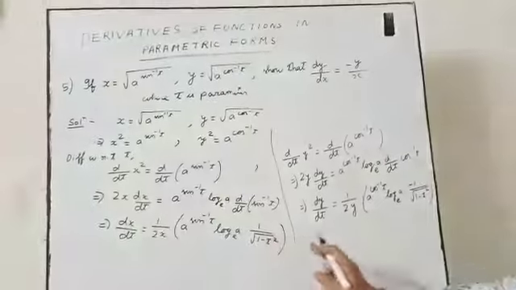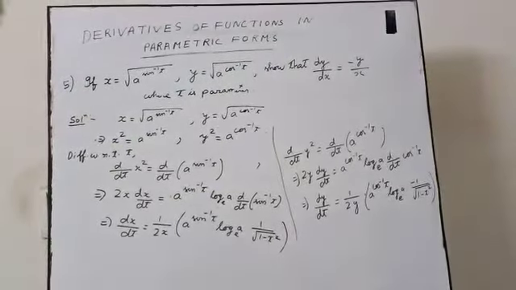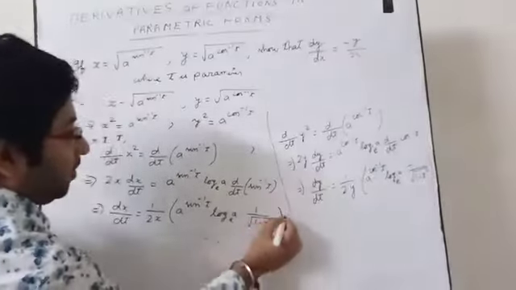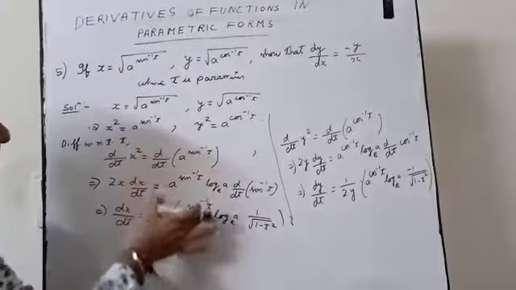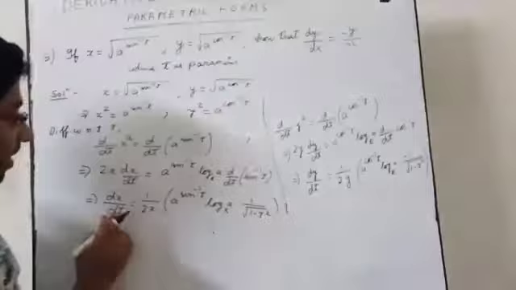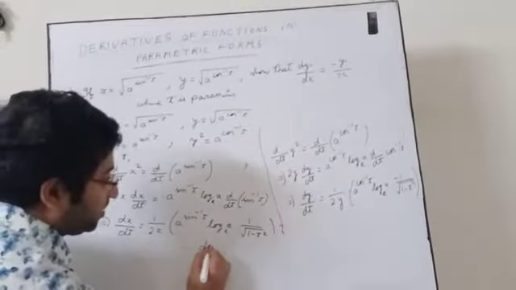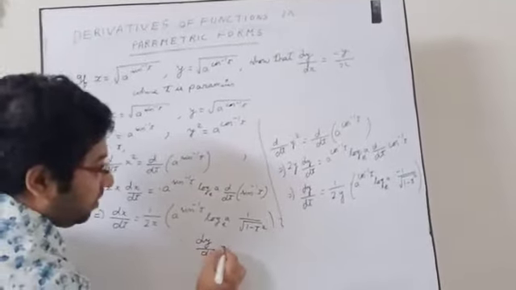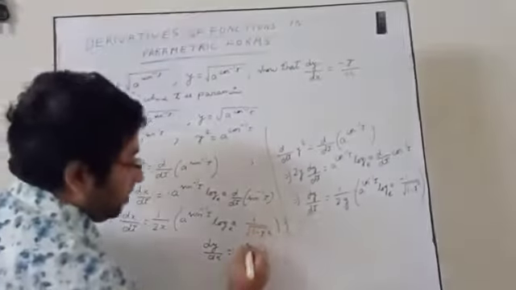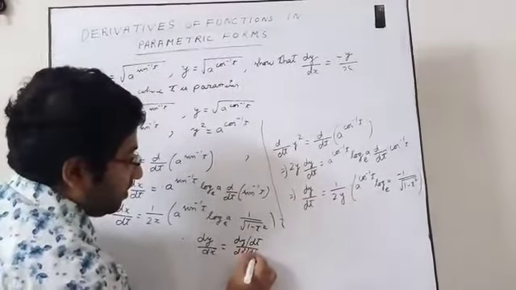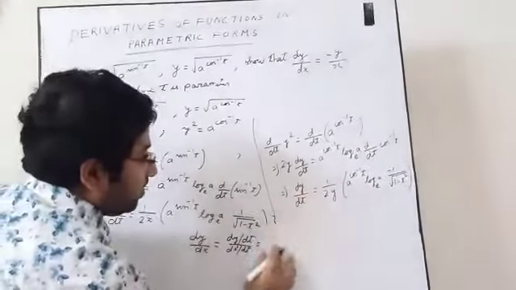So you have got dx by dt, you have got dy by dt. Then what is dy by dx? dy by dx is dy by dt divided by dx by dt. What is dy by dt?